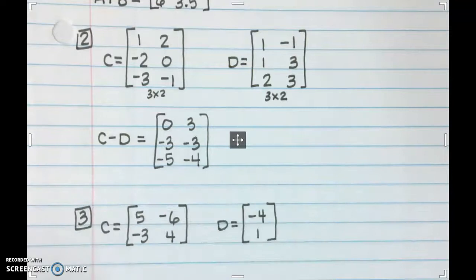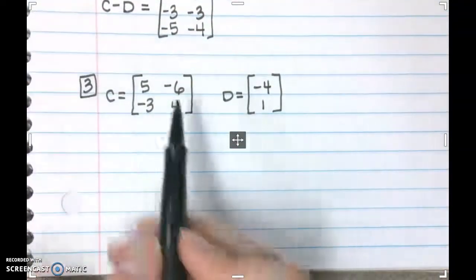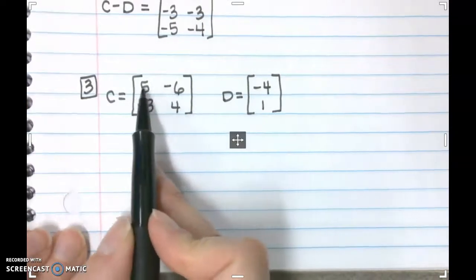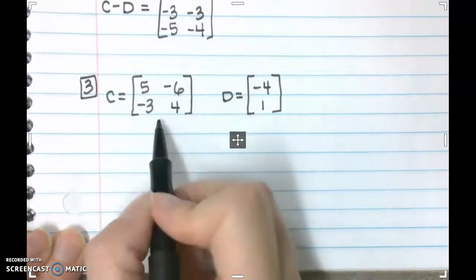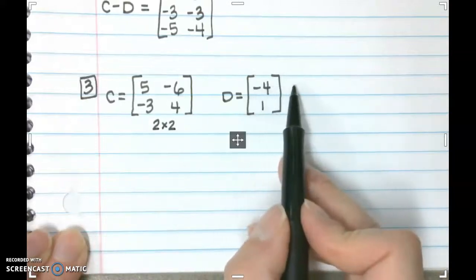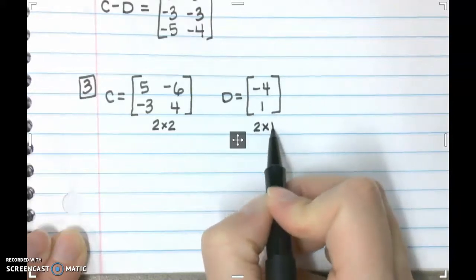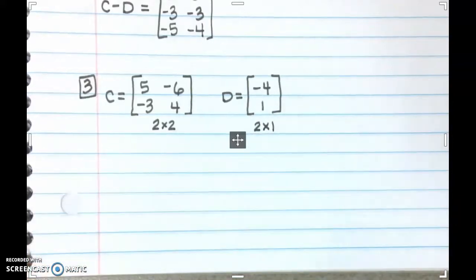Let's look at one other pair of matrices. Let's check size. C is 2 rows by 2 columns, so 2 by 2. D is 2 rows, remember we're going horizontally, 2 rows by 1 column. So these 2 matrices are not of the same order, they're not the same size.